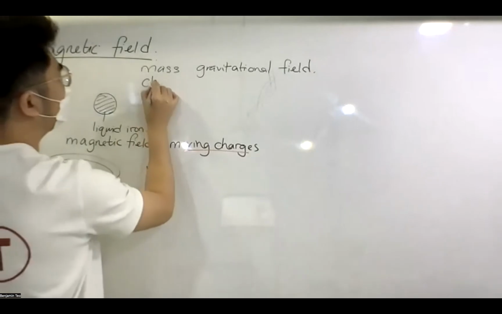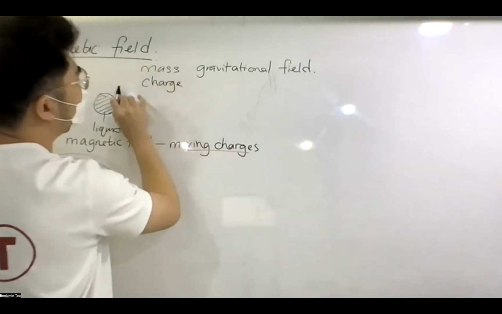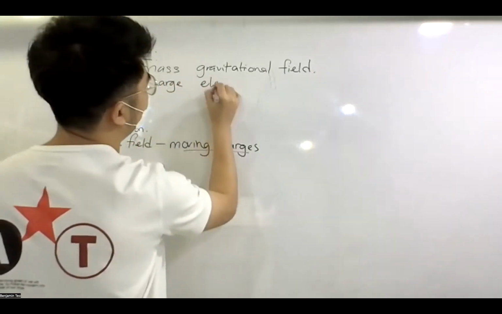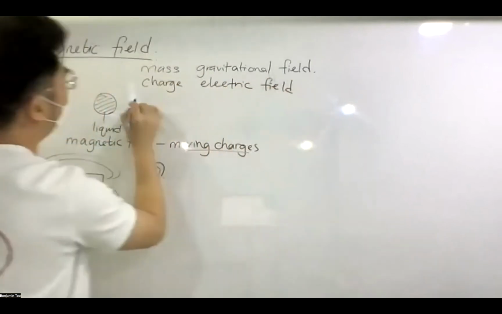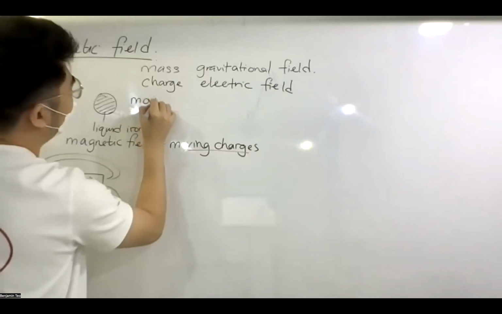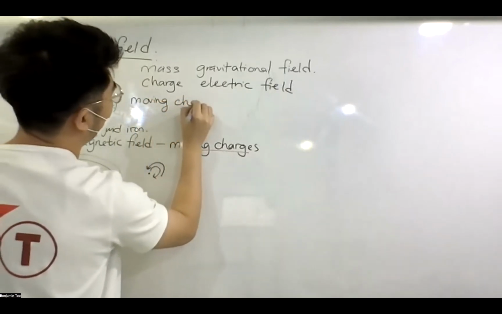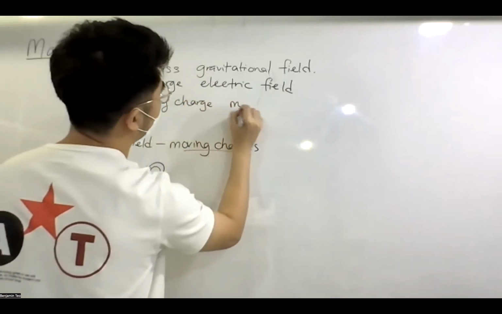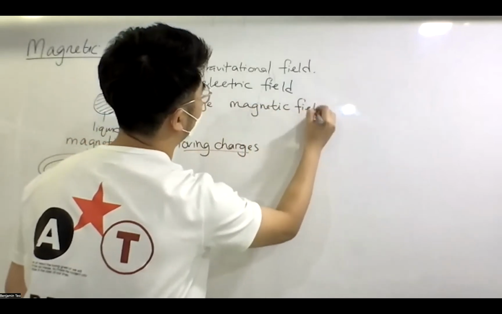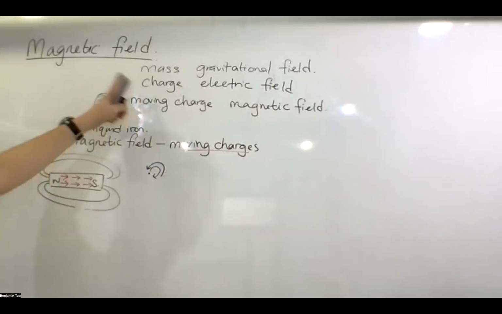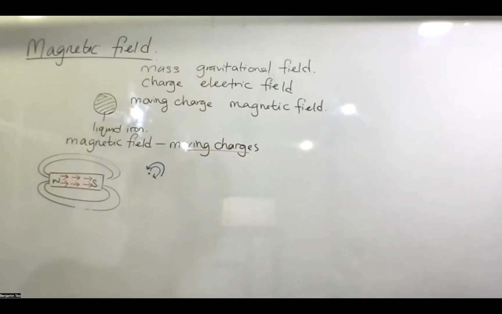A charge, or a stationary charge, creates electric field. What about magnetic field? Okay, you now know, a moving charge creates a magnetic field. The Earth magnetic field is created by a moving charge.